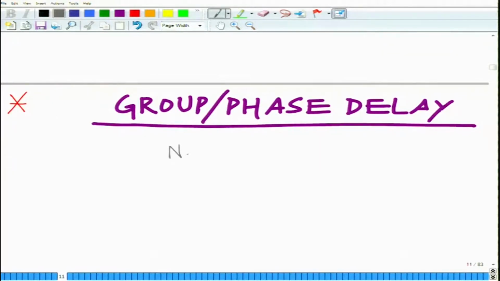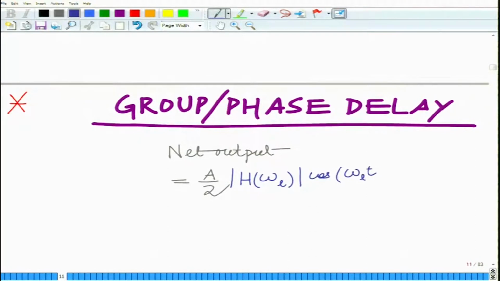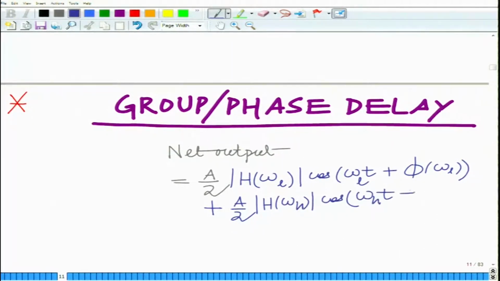net output equals A by 2 magnitude H of omega_L times cos(omega_L t plus phi of omega_L) plus A by 2 magnitude H of omega_H cos(omega_H t plus phi of omega_H).